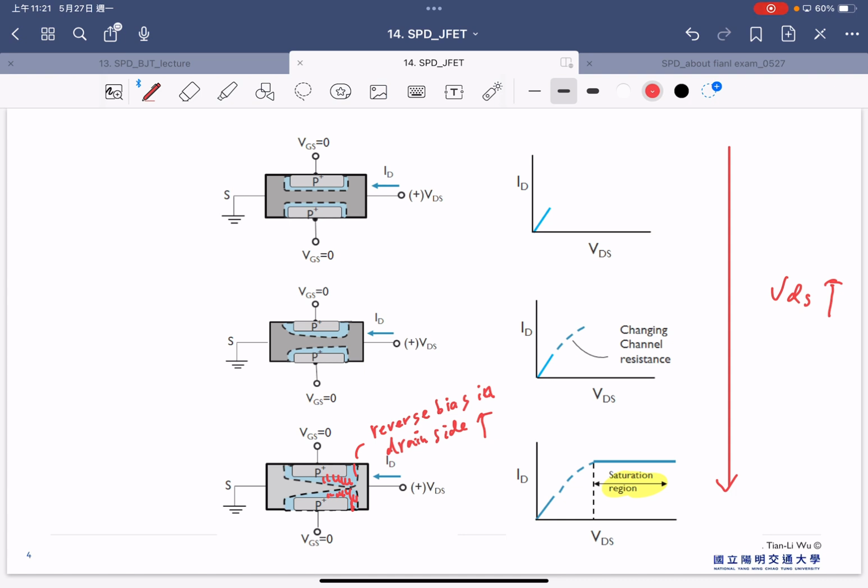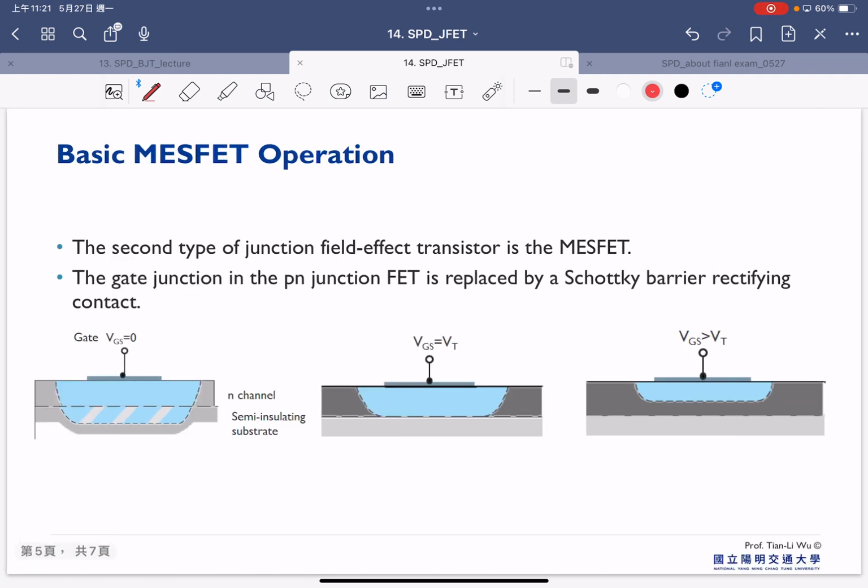We use a PN junction, this kind of concept, to control the channel. Another type we call a MESFET. In here, we are not actually using the PN junction. We actually use a Schottky barrier contact here.